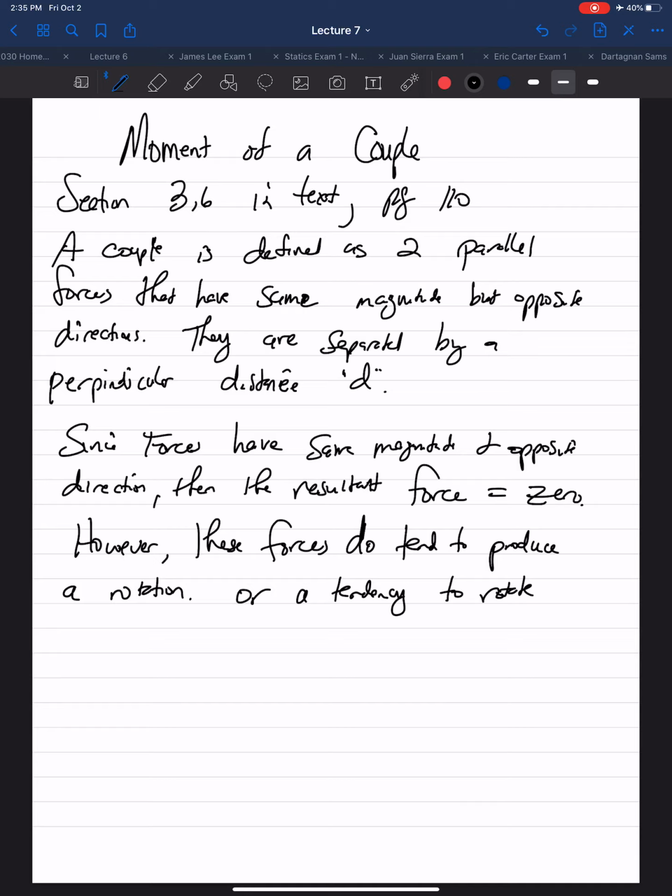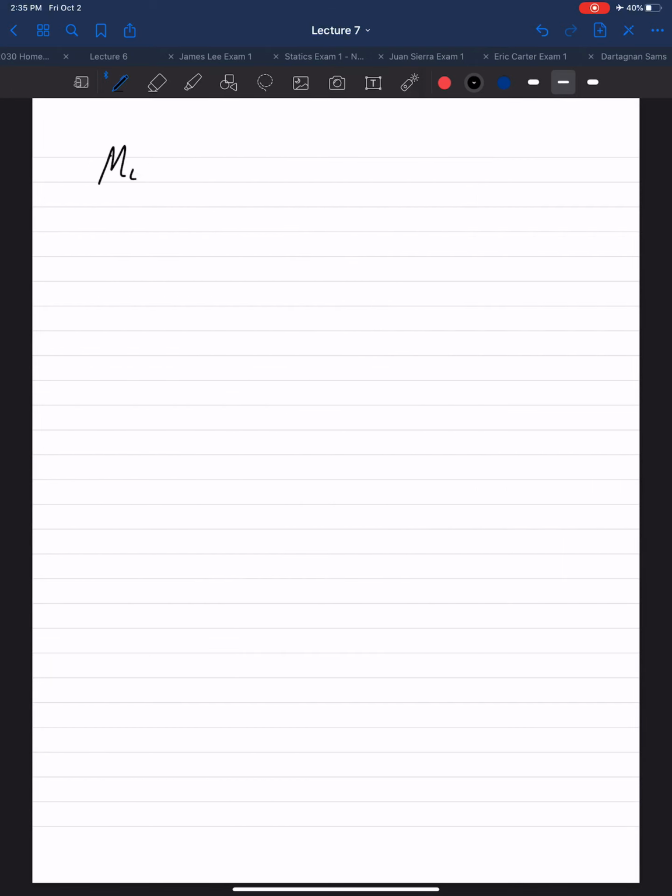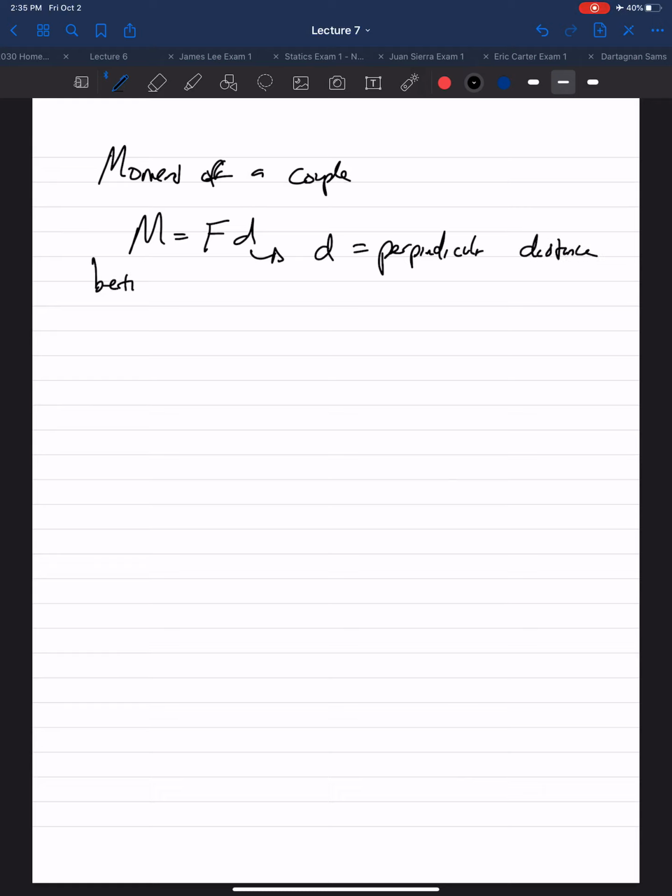So the moment of a couple is given, in scalar, a magnitude of M equals F times d, where d is the perpendicular distance between the two forces.